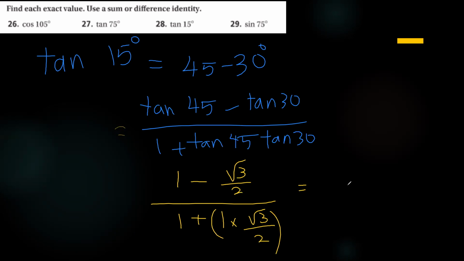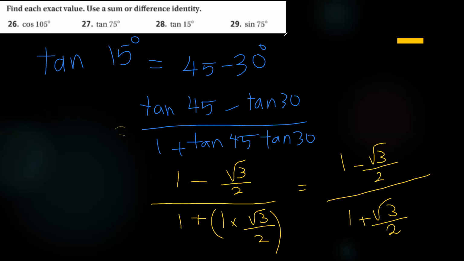So you'll get the answer as 1 minus square root of 3 over 2 over 1 plus square root of 3 over 2. Now, if you solved it by calculator, you will find that the tan of 15 is 2 minus square root of 3.